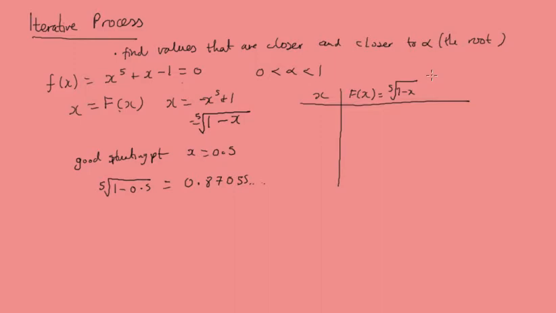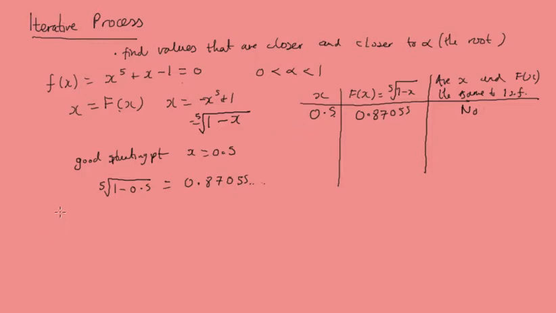And remember, we want the value to be correct to one significant figure. So we want x and f of x to be the same to one significant figure. We had 0.5 and our value for f of x was 0.87055, and they're not the same to one significant figure.